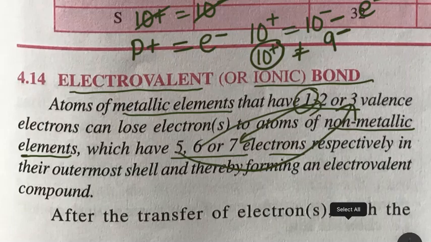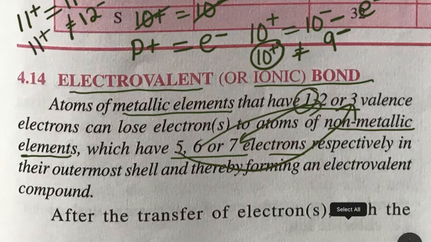Similarly, when this is losing 1 electron, another atom is gaining 1 electron. Supposing the other atom has 11 protons, equal to 11 electrons. Now it is receiving 1 electron. That means now how many electrons does it have? 12 electrons. So is it equal to 11 protons?